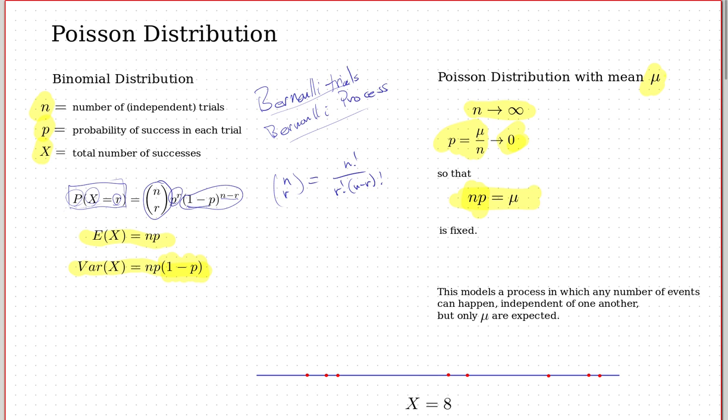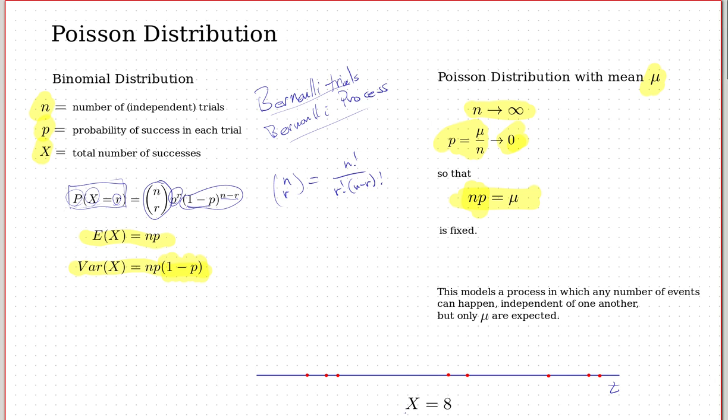So one natural way to think about this is you could imagine a process that occurs in time. Imagine that this blue line here at the bottom is the time axis, and the red dots are events that can happen at any moment in time. So at any moment on this timeline, an event could happen. In this particular case, only 8 events actually happen.